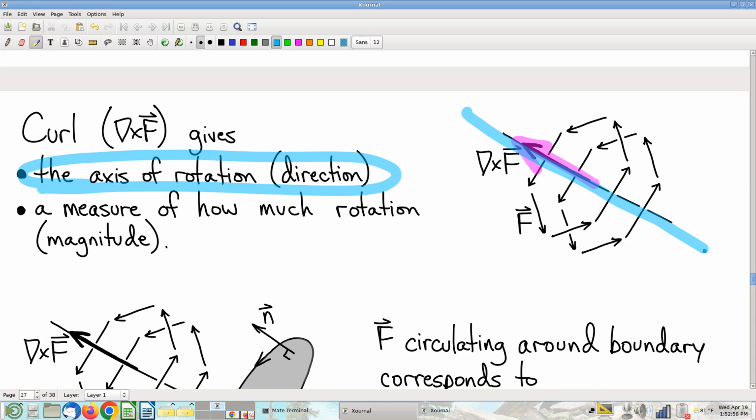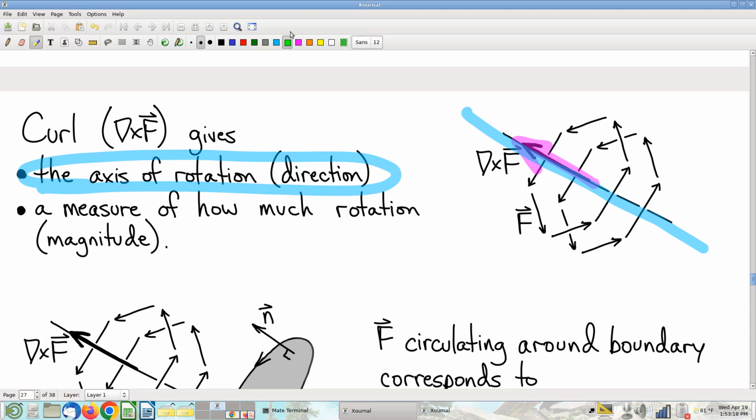It's kind of the analogous thing to gradient vectors. They point uphill. They point in the direction where you get the most change. Likewise, the curl points in the direction around which you get the most circulation.